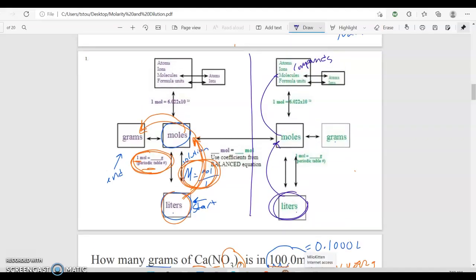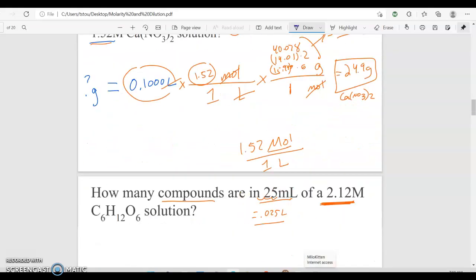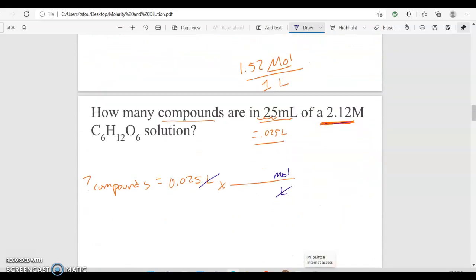And I want to go to moles because that's my first step. And to go from liters to moles, I'm going to use molarity. Now my molarity right here, 2.12, that's how many moles there are per 1 liter. So 2.12 goes with the word mole, 2.12 per 1 liter, 1 goes on the bottom. Now I've got moles on top, I got to put moles on the bottom to get rid of them. That way moles cancel. And I want to go to compounds.